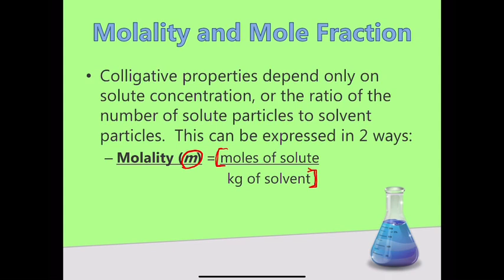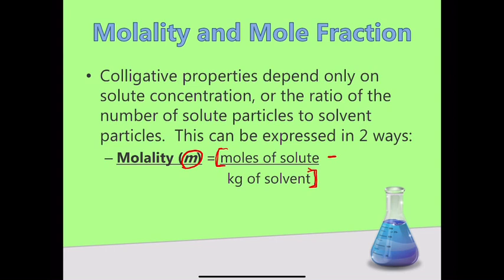So to prepare a solution that is 1 molal, we would add 1 mole of solute. So let's say a 1 molal salt solution. We would add 1 mole of salt, which in sodium chloride, I don't know, you'd have to figure out how many grams that is.